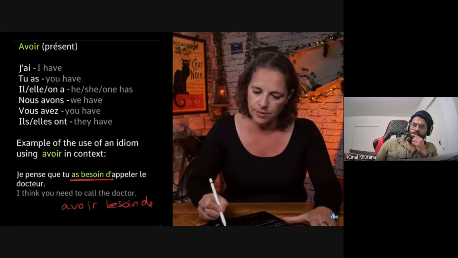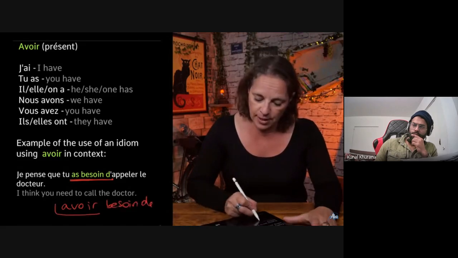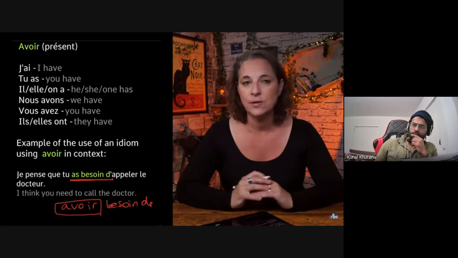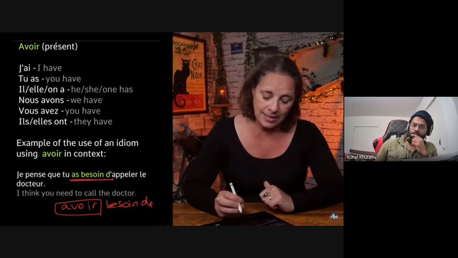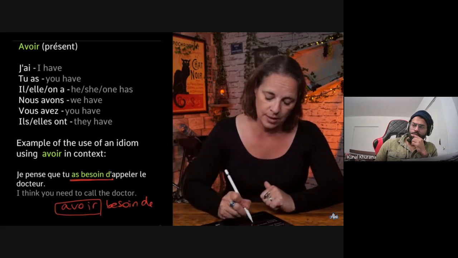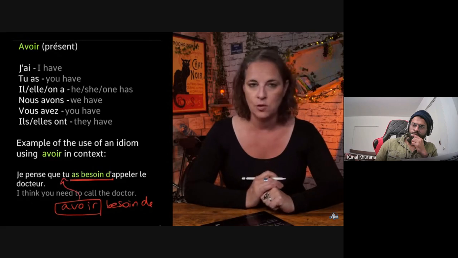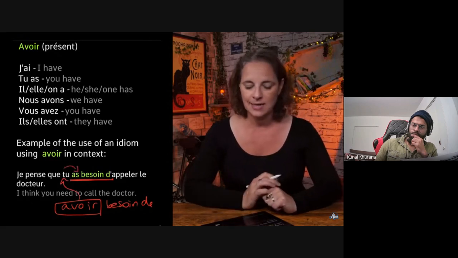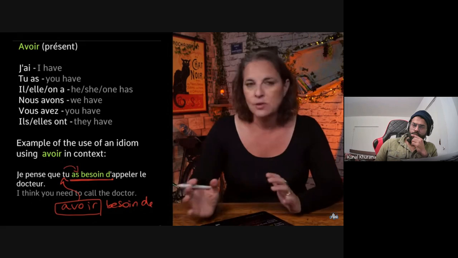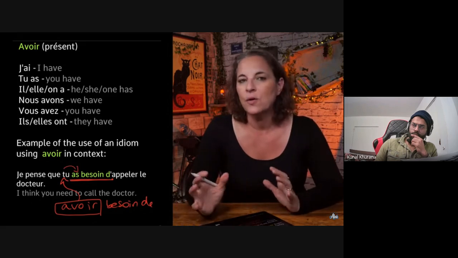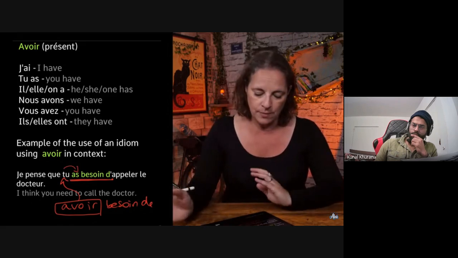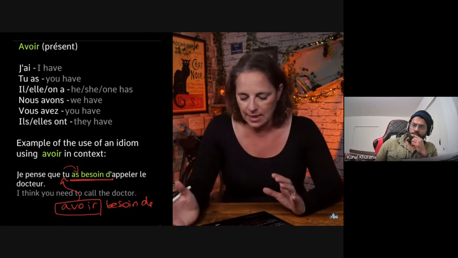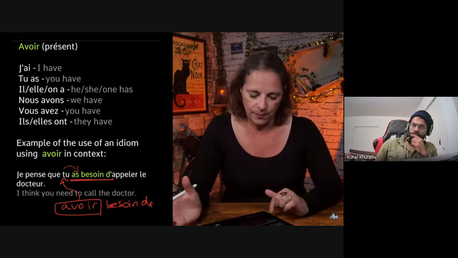Okay, avoir besoin de. And what we've done, we conjugated avoir, which is here into its infinitive form, and we have conjugated according to the subject, which is tu. And tu, using avoir, is tu as. Can you see that? So, tu as. It's not tu avoir, okay? Tu as. Tu as besoin. So, I think you need to call the doctor, okay?